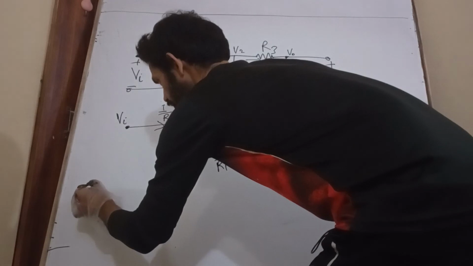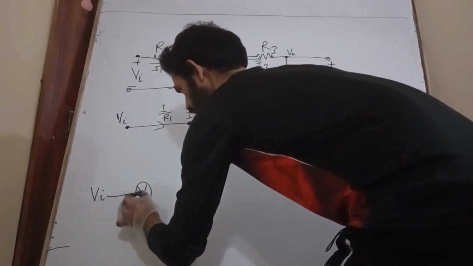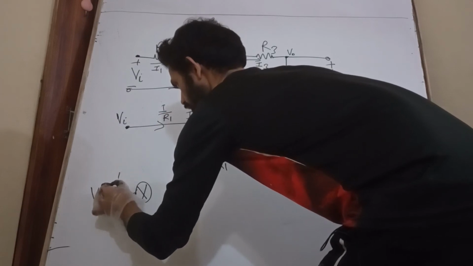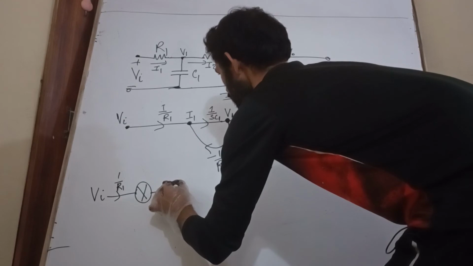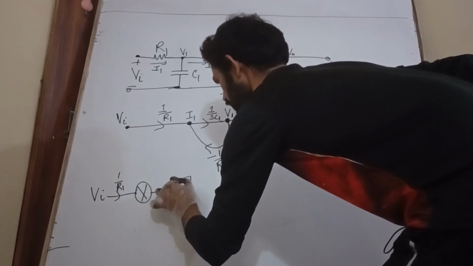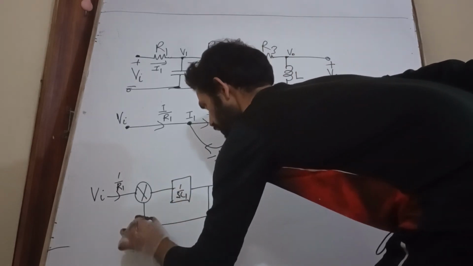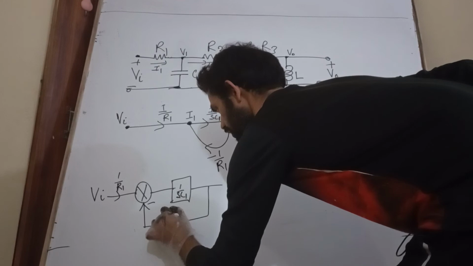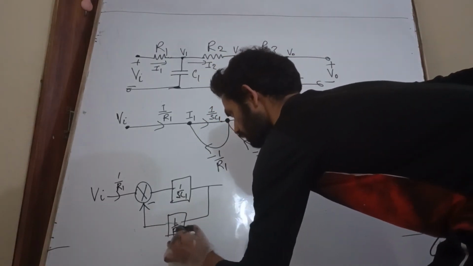Similarly, the block diagram also. This is Vi, and this is my summer, and this is the gain of 1 by R1. Then the gain of 1 by SC1, and this is the negative feedback with 1 by R1.